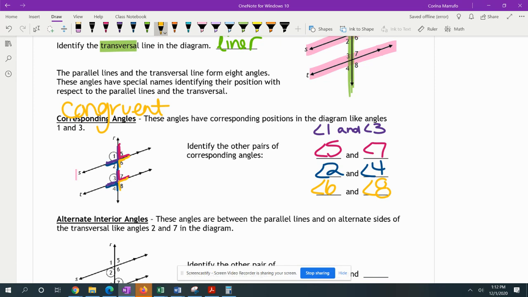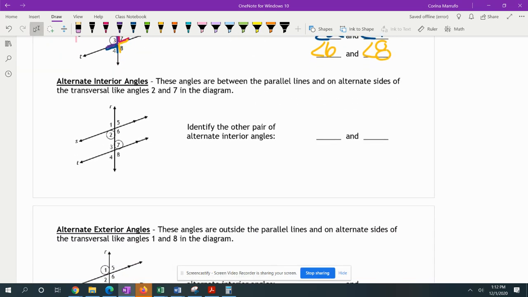All right. So next, here we have alternate interior angles. These angles are between the parallel lines and on alternate sides of the transversal, like angles 2 and 7 in the diagram. Identify the other pairs of alternate interior angles. If we look inside the parallel lines, here are my parallel lines, this is the inside.